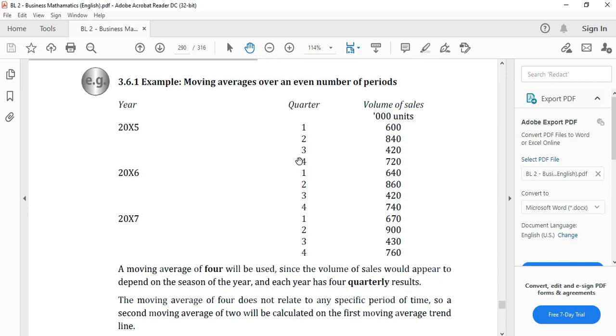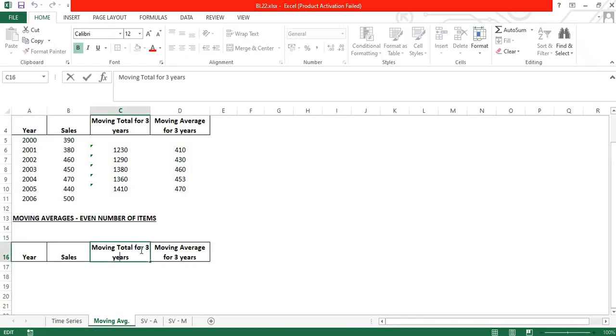Since we have 4 quarters here, we can use 4 as a period. So I'm going to write 4 quarters over here.